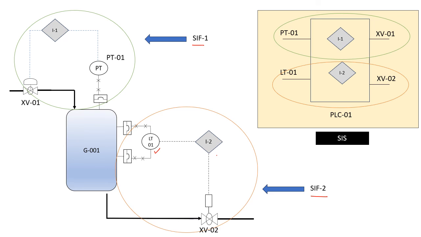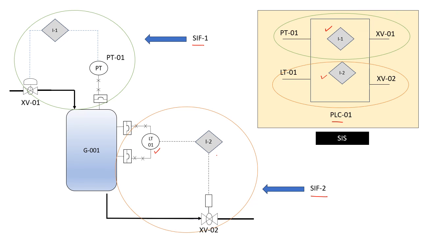Now how are this SIF1 and SIF2 related? If you see, we have a common logic solver, both the logics I1 and I2 or interlocks configured in the same PLC, that is PLC01, right? So we have two SIFs, right? And this is the whole protection system, right?